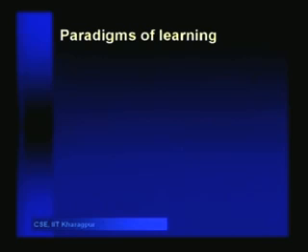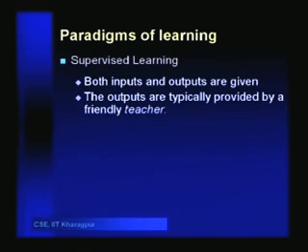The paradigms of learning are mainly of three types. The first type is called supervised learning. In supervised learning, both the inputs and outputs are given. What are we trying to learn? We are trying to learn some function. That function can be Boolean, it can be real valued, whatever. What is a function?